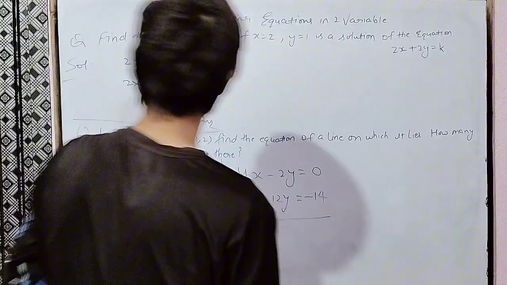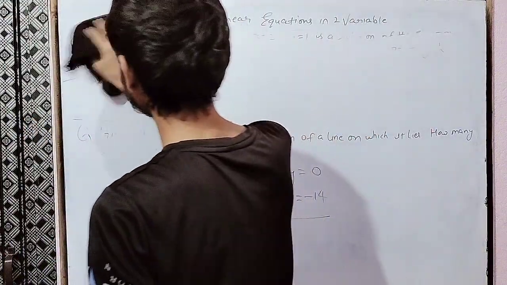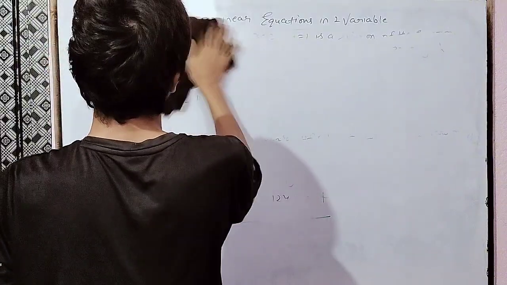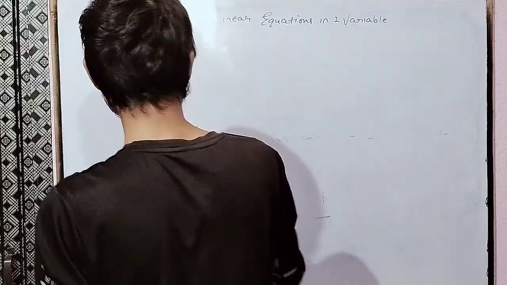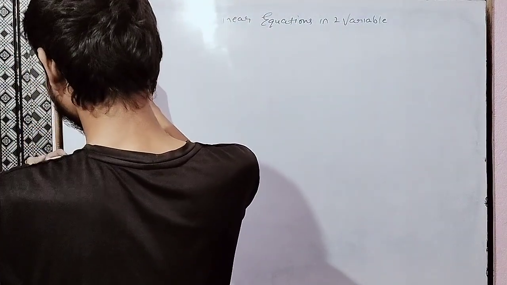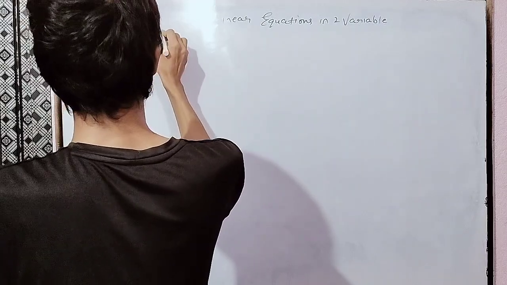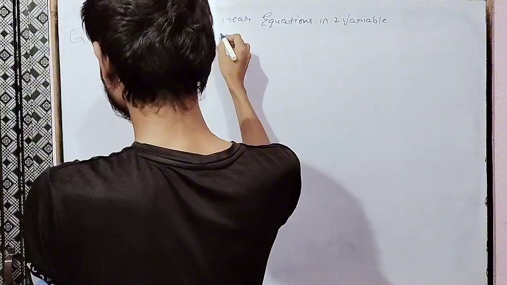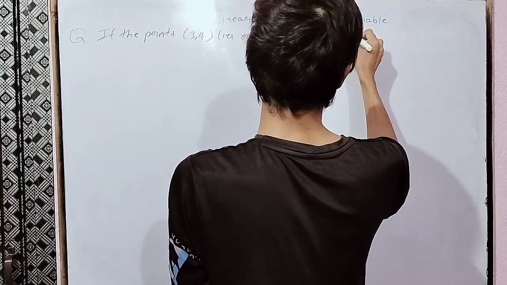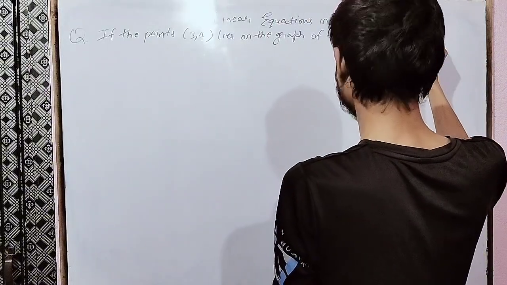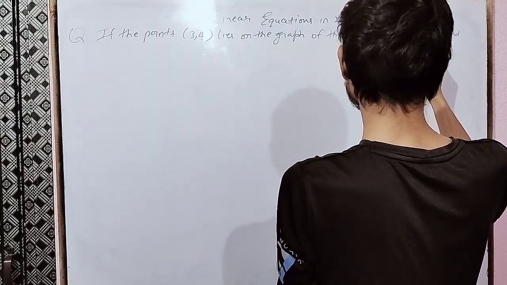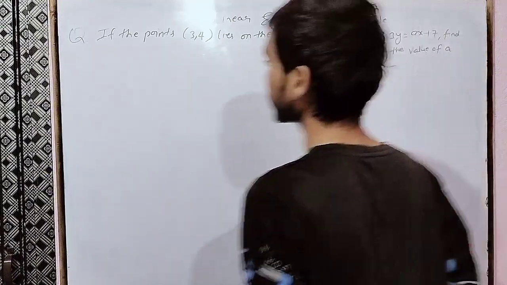Now next question. The question is, if the point 3, 4 lies on the graph of the equation, this is the question, and it is saying find the value of a.